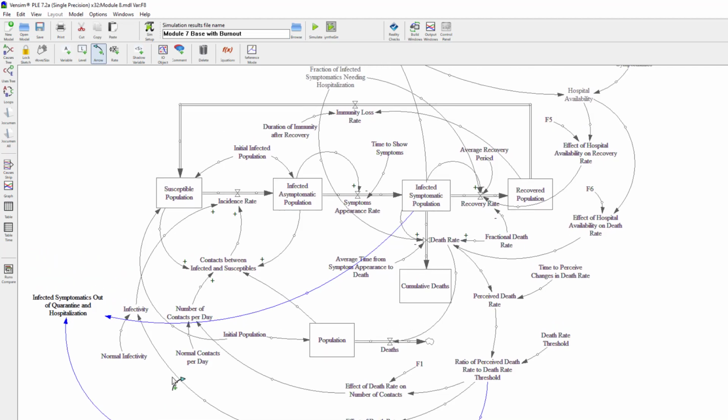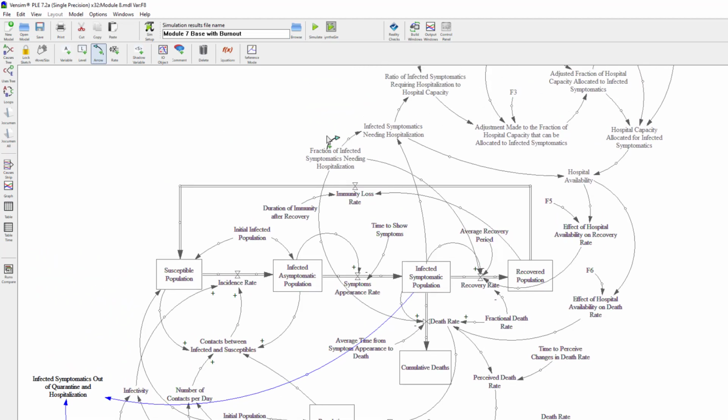And we have to go back to this hospital sector. So we know the infected symptomatics that need hospitalization. However, we need to compare that to the hospital availability, because only when there are hospital beds available can these people needing hospitalization actually go to the hospital, right?